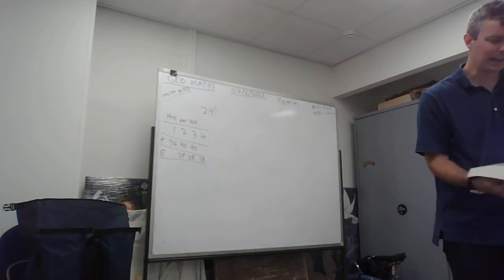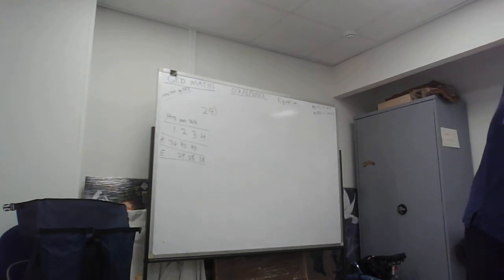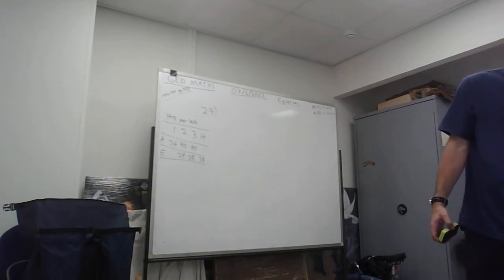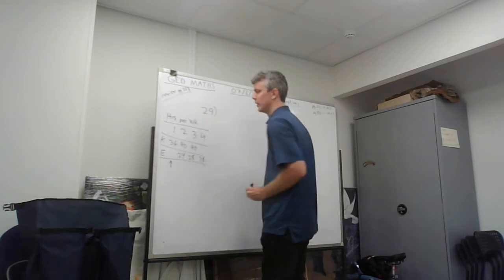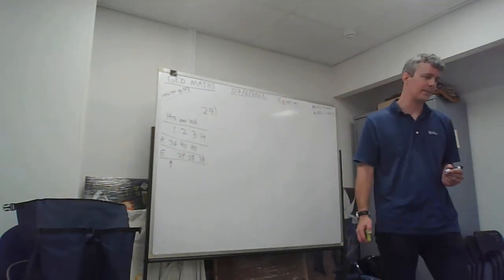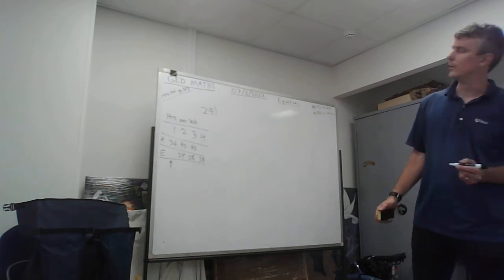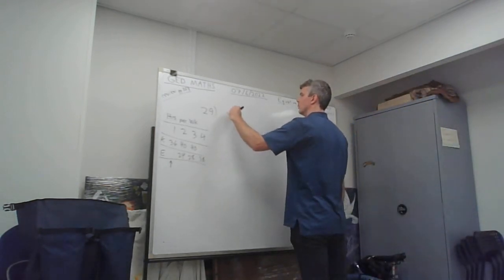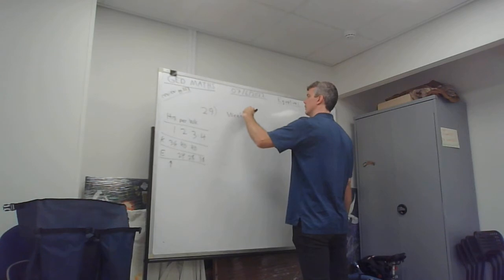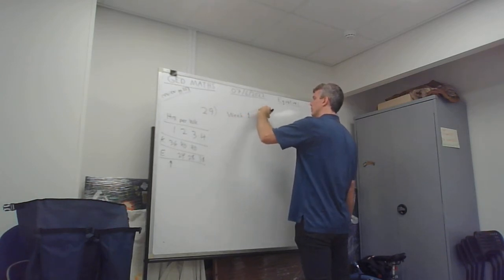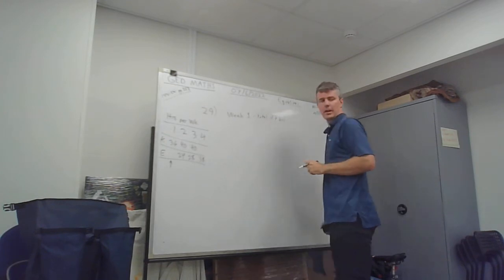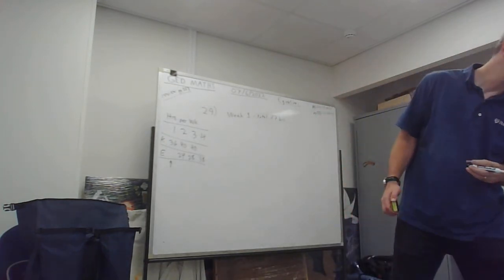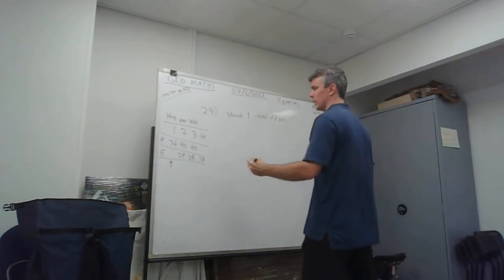So it says Kyla and Aaron worked a total of 77 hours during week 1. So week 1 here, the total was 77 hours. It says let X equal Aaron's hours for week 1, because we have nothing here.